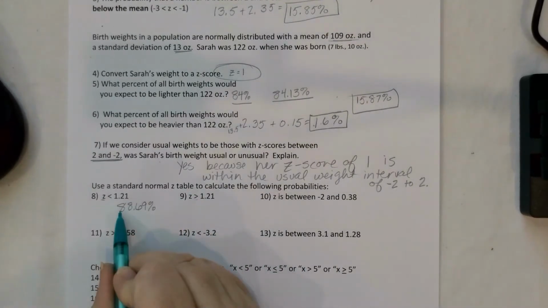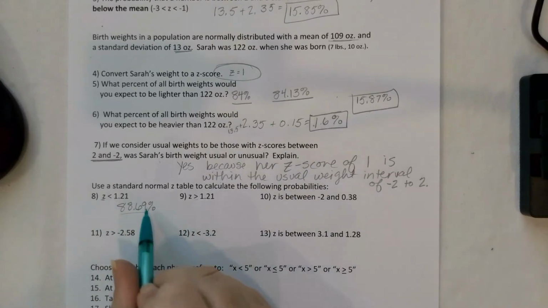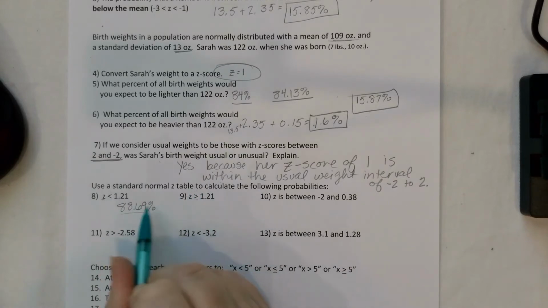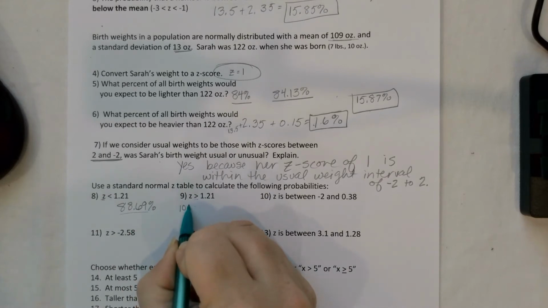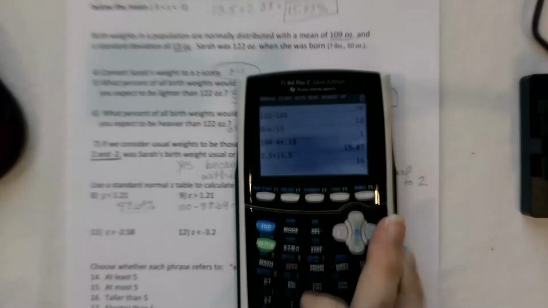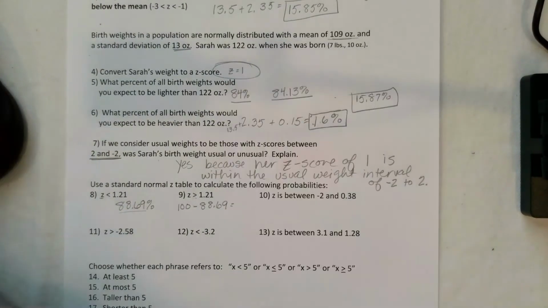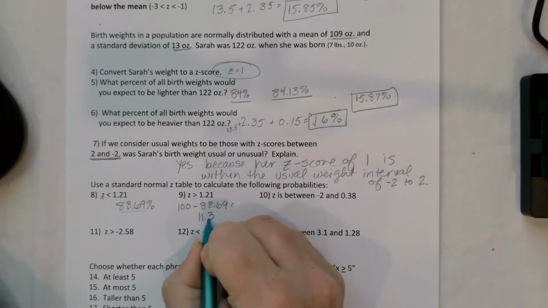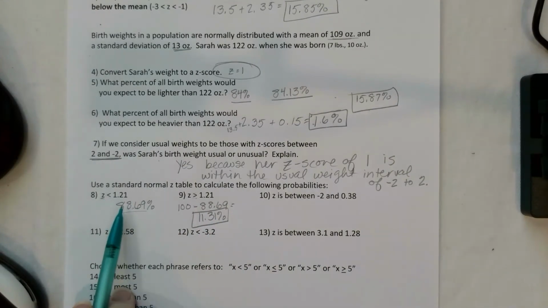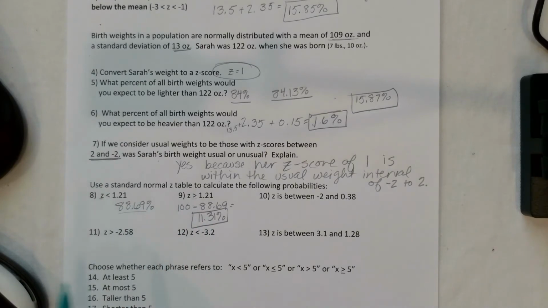Well, this was less than, so if 88.69% is the probability that it's less than that number, the probability greater than would be the other side, or 100 minus 88.69, which gives me 11.31%. Okay, so if it's less than, you just take it straight off the table. If it's greater than, you have to do 100% minus what's off the table, because that's what gets you to the right.